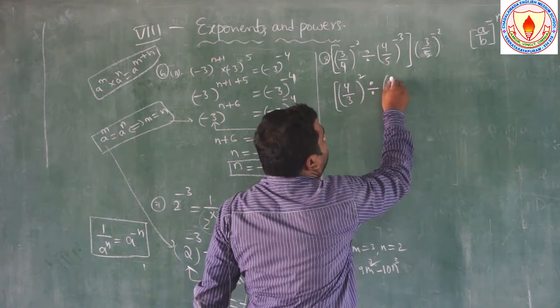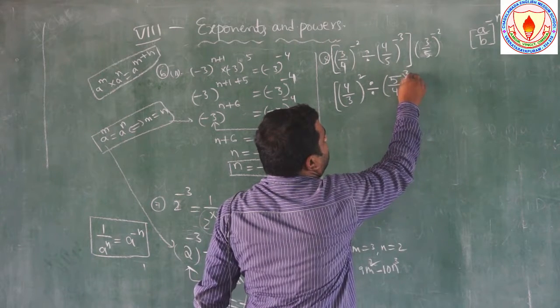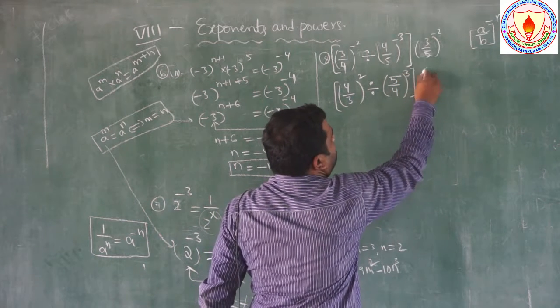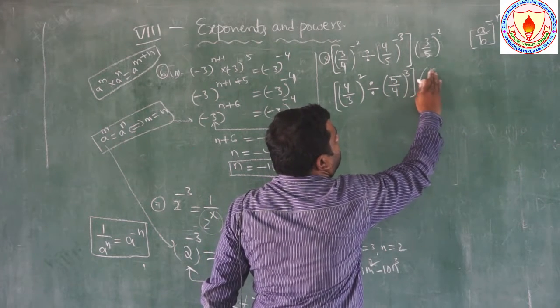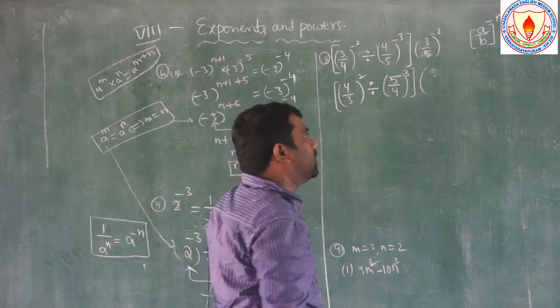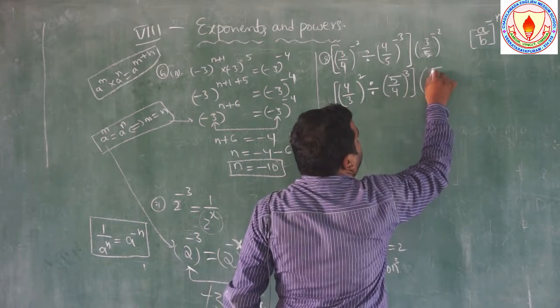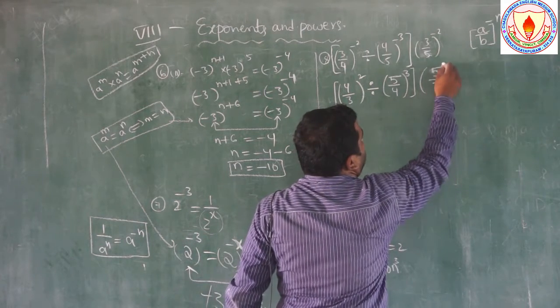So 5 by 4 whole power 3. Next 3 by 5. Here also there is a negative sense, so reciprocal. So 5 by 3 whole square.